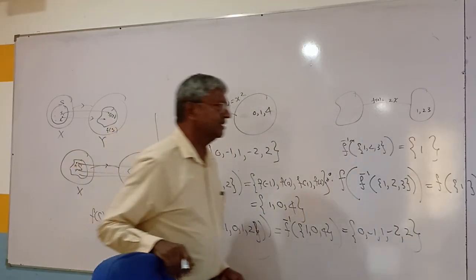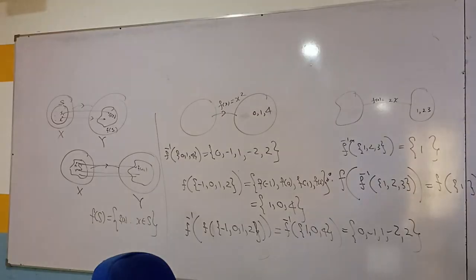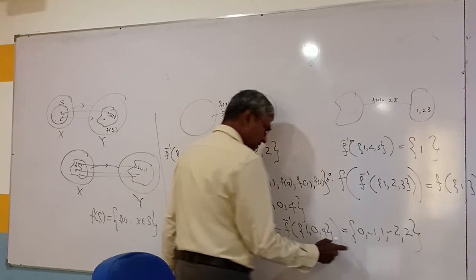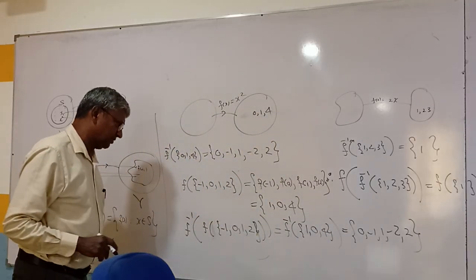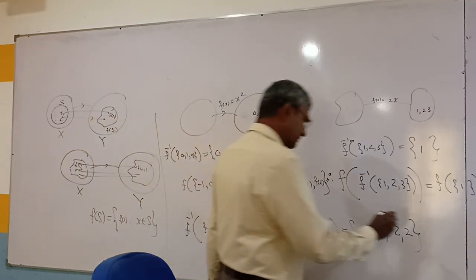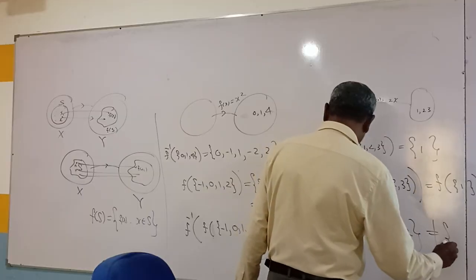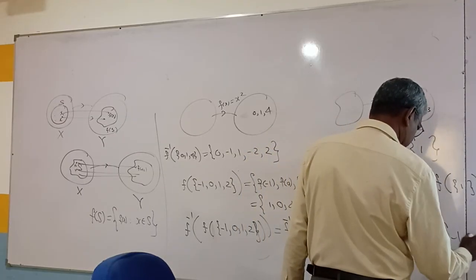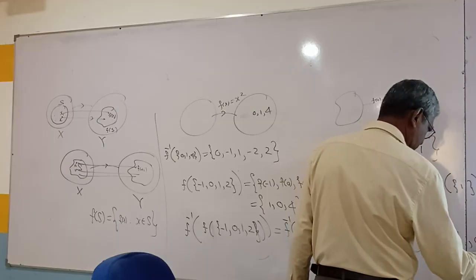So this set, f inverse of f of this one, is not equal to the original set {-1, 0, 1, 2}.